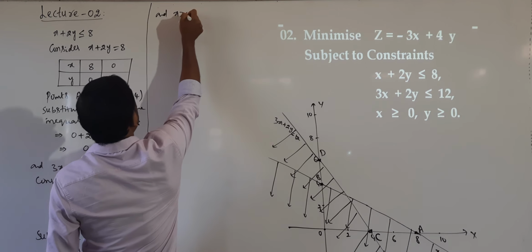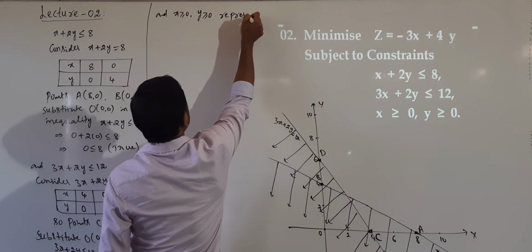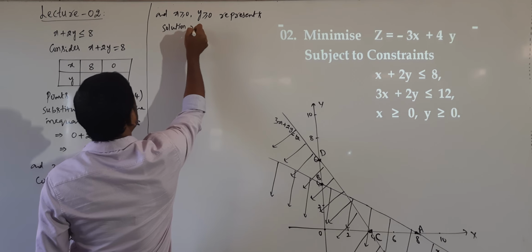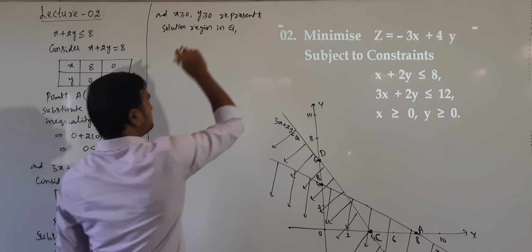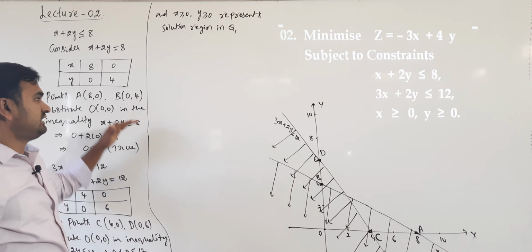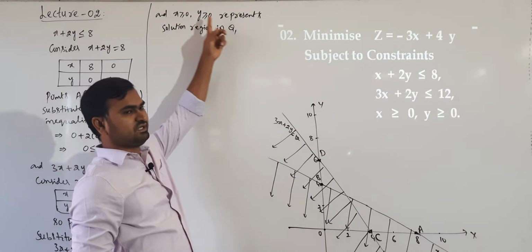X greater than or equal to 0, y greater than or equal to 0 represents solution region in the first quadrant Q1. So these are the 4 inequalities we are having. This is the first inequality, second inequality, third and fourth.